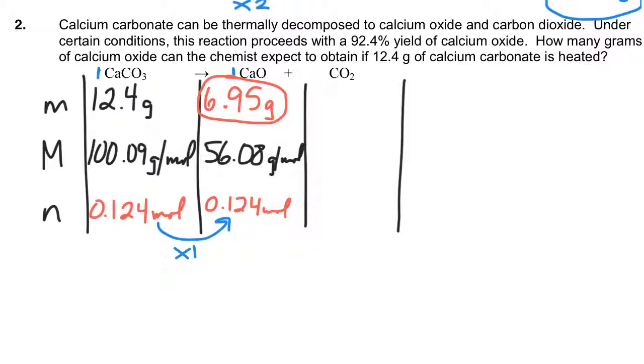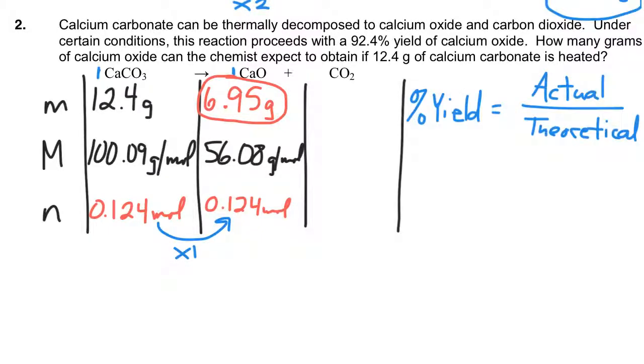Now this time, our calculation is going to be a little bit different because we already know what the percent yield is. We're trying to find what the actual yield is going to be. But we're going to start with the same formula. The percent yield is the actual divided by the theoretical. Our percent yield is 92.4%, so I can write that like this.